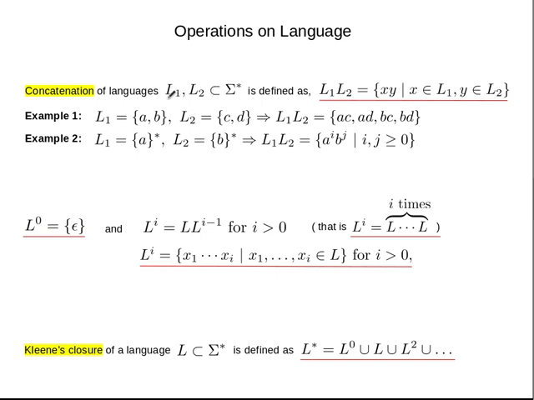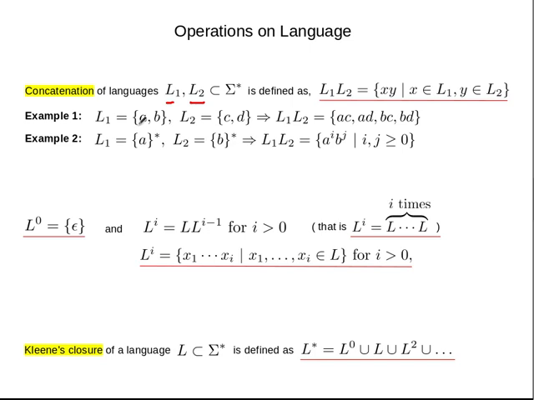If you take any two languages, L1 and L2, you take strings which are the concatenation of some x and y, where x is coming from L1 and y is coming from L2. So you take all such strings which you obtain by concatenating some string in L1 and some string in L2. That set is denoted as L1L2, and this is the concatenation of languages. So this is the concatenation of strings and this is the concatenation of languages.